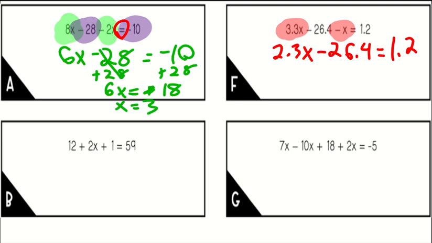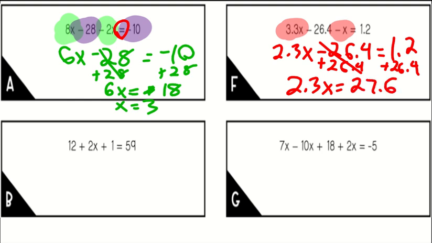So we solve. We add 26.4, and we do it to both sides. So it cancels out on the left. I got 2.3x equals, and that's going to give me 27.6. And then we divide.